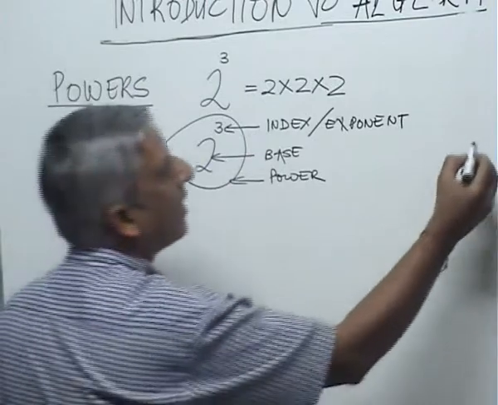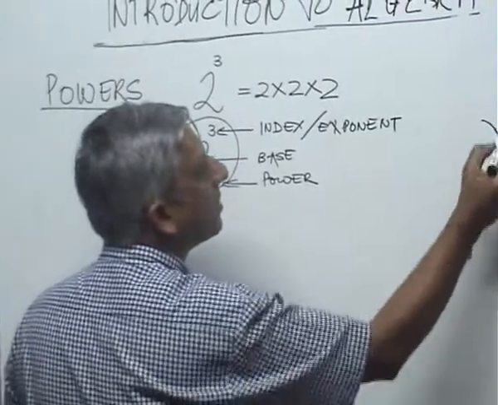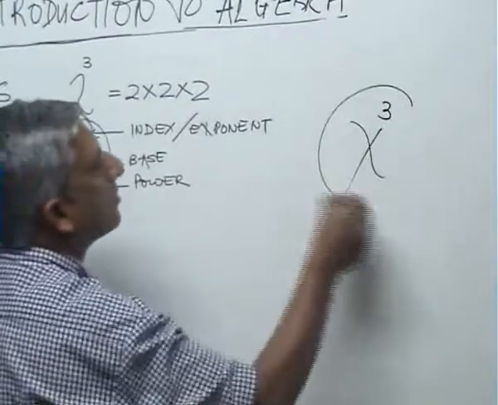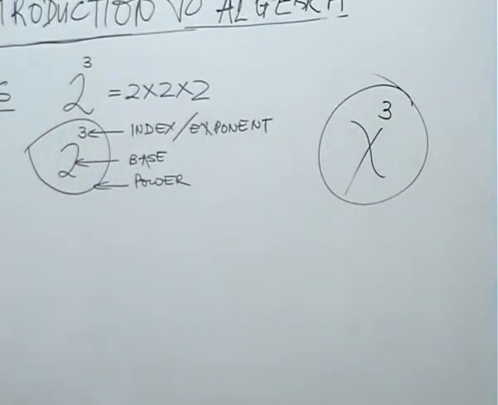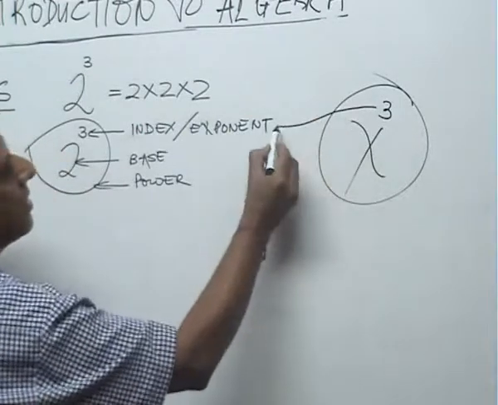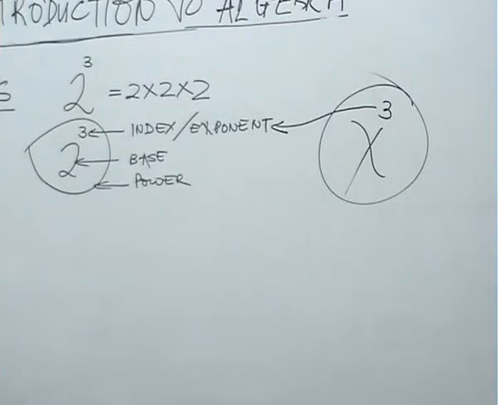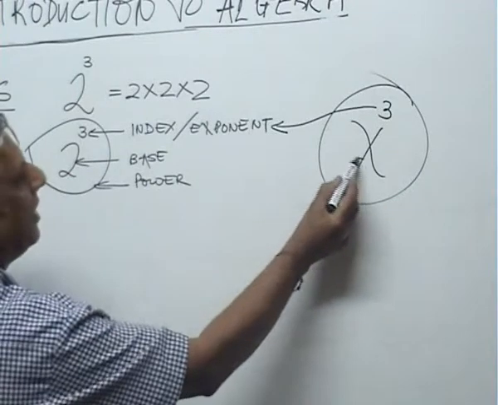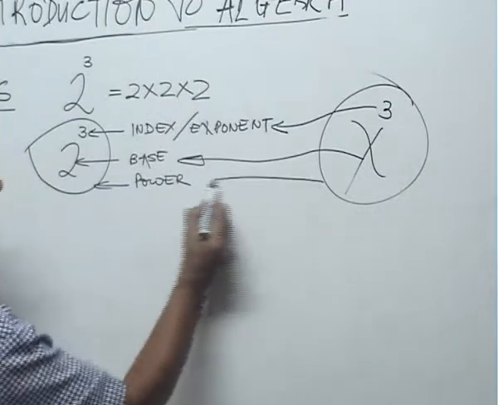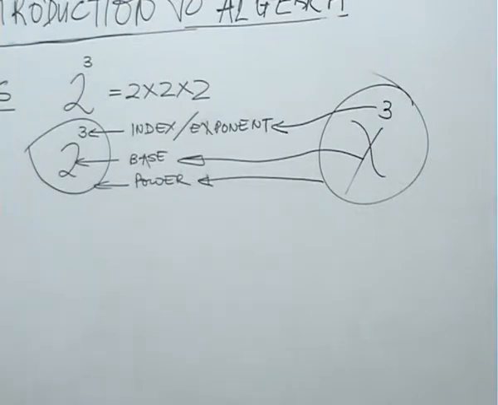So if I gave you an example like x cubed, then the 3 is the exponent, the x is the base, and the whole thing is called a power.